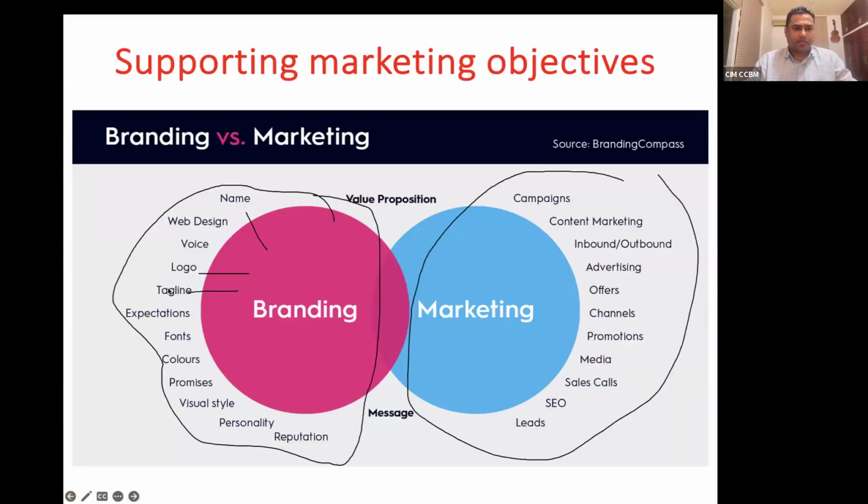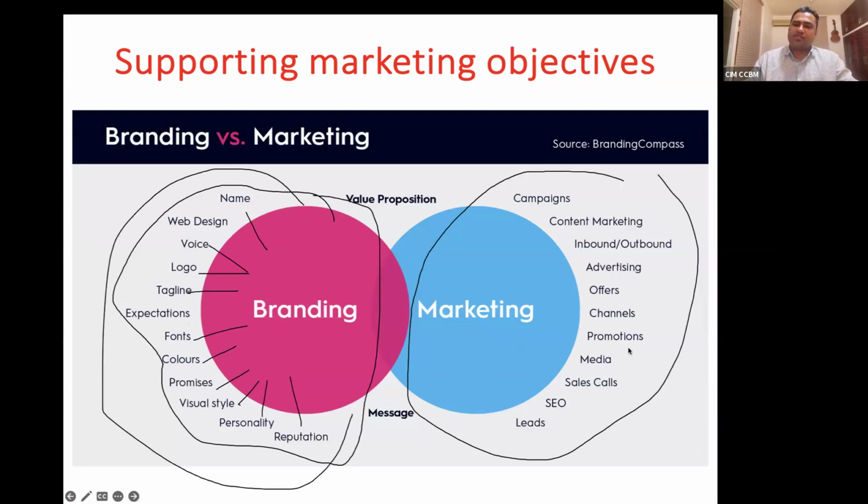Your fonts, colors, brand promise, visual identity, personality, reputation, tone of voice, all this. Those are your brand related activities and objectives. And marketing looks at a broader area of sales, promotions, advertising, right? Digital, lead generation, offers, campaigns, content marketing. So you can see marketing is a broad area.